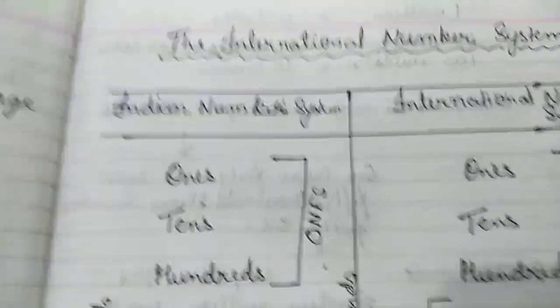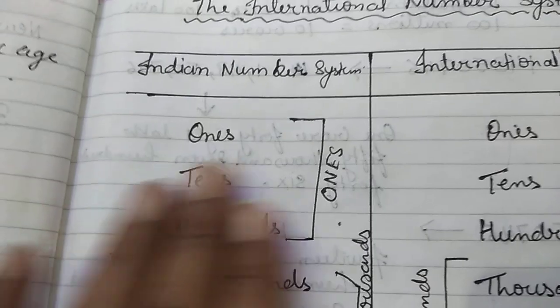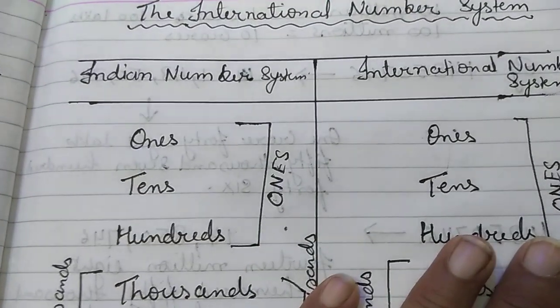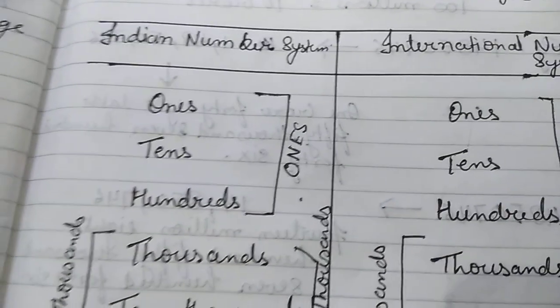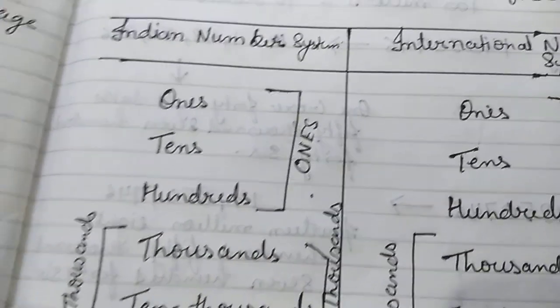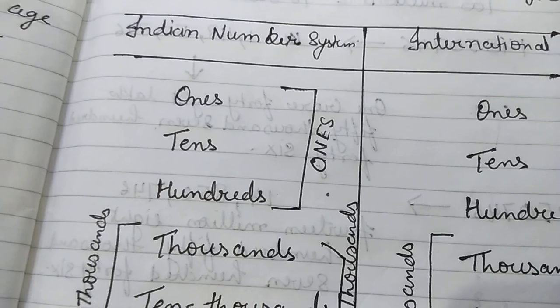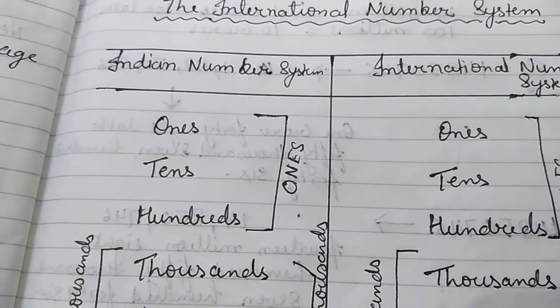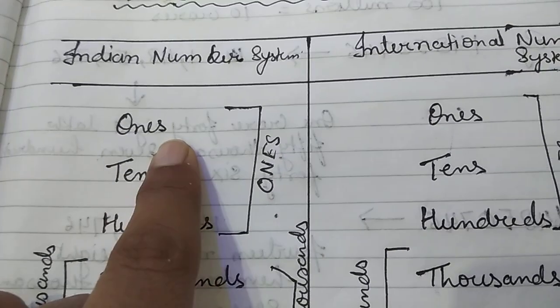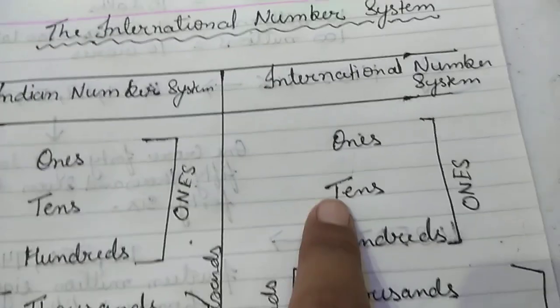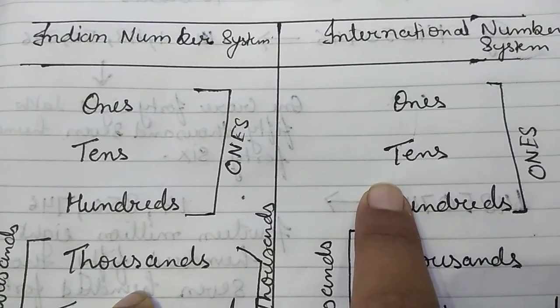Okay. So both the Indian number system and the international number system are there. In both number systems, a few things are common and a few things are totally different. First of all, we will talk about the common things. The ones period is common in both number systems.